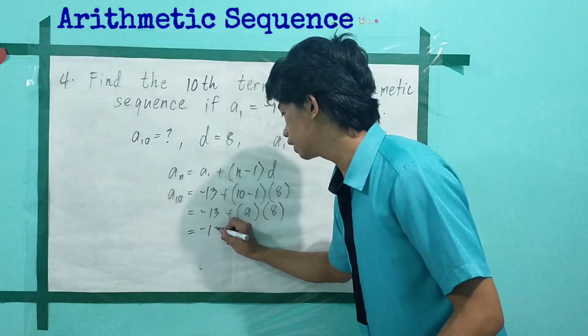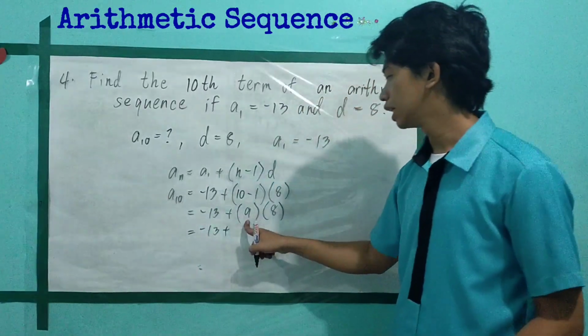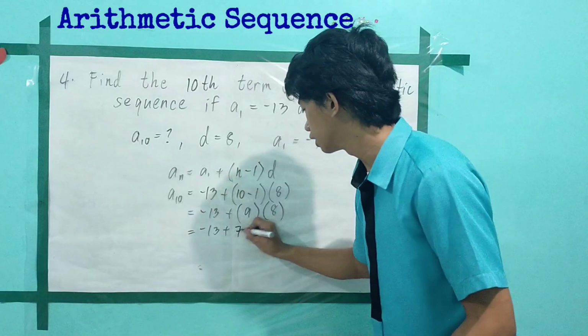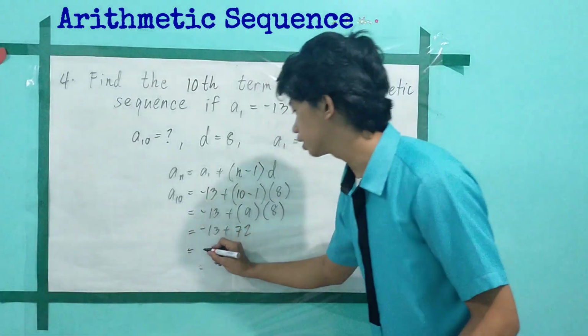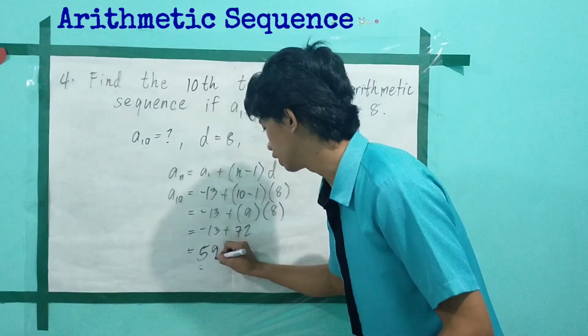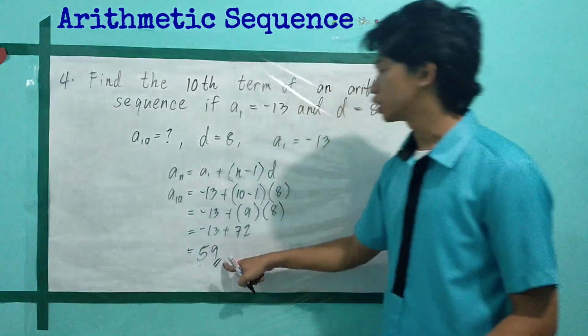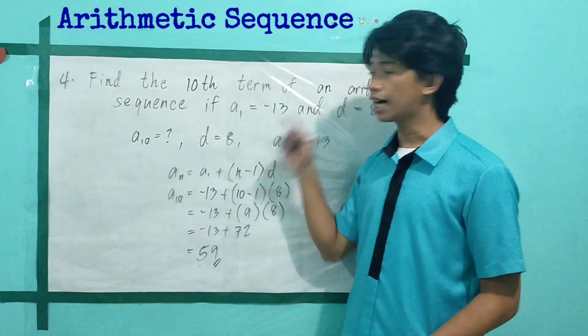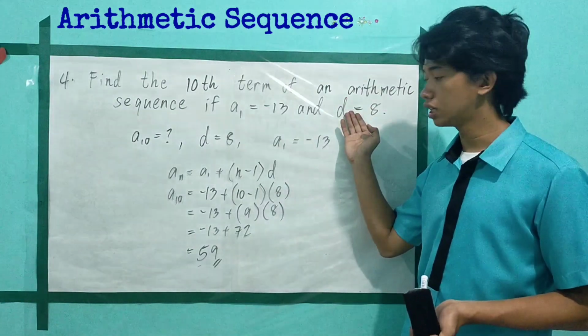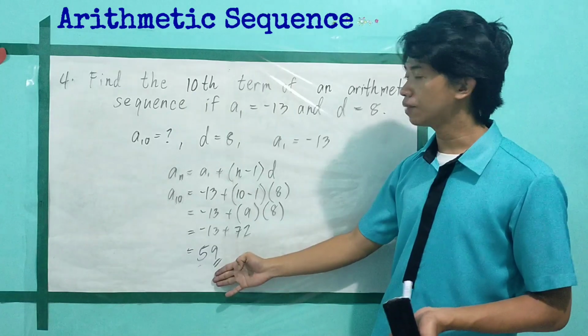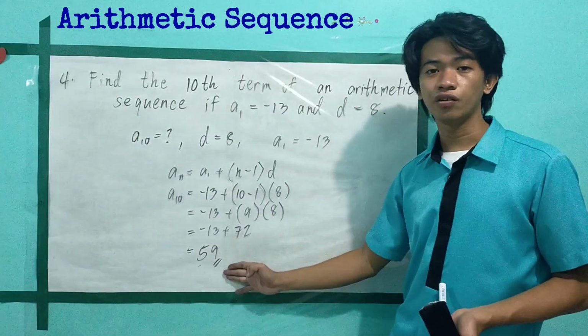So, negative 13 plus 9 times 8, we have 72. Negative 13 plus 72, we have 59. So, ito na yung magiging sagot natin sa ating katanungan ng number 4. Okay? So, ang 10th term ng ating sequence is 59.